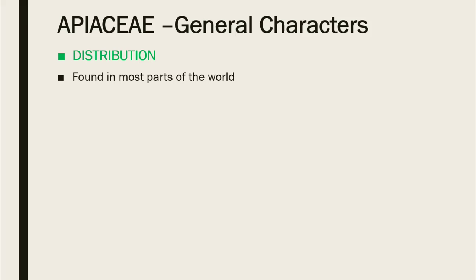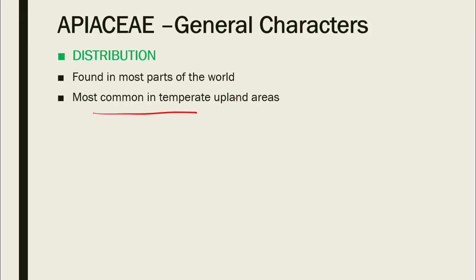Mostly found everywhere, although abundance is different in different parts, as we are going to see. Mostly common in the temperate areas or the temperate upland areas. So let's find out what this temperate area is.